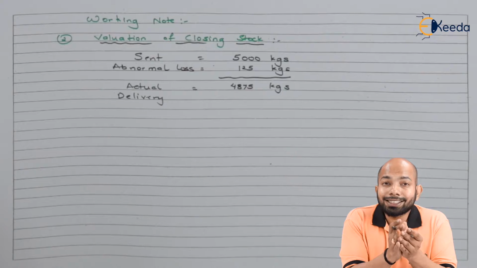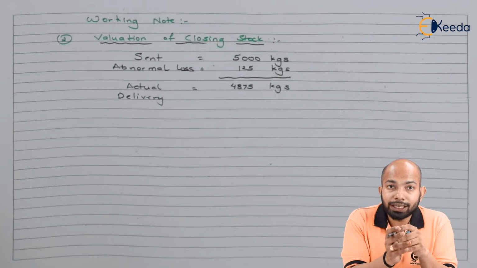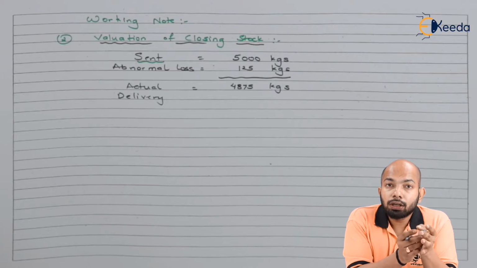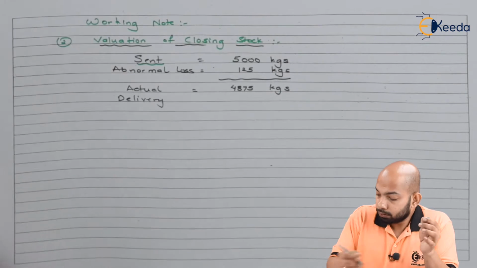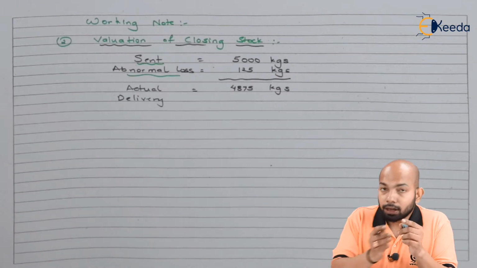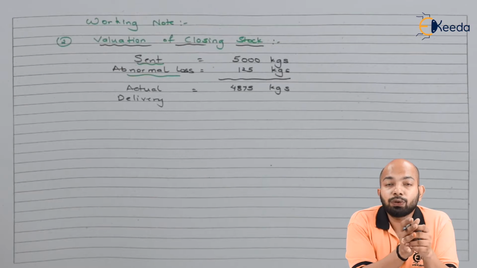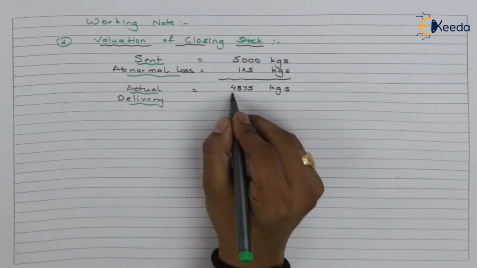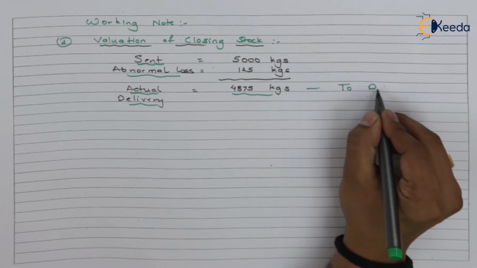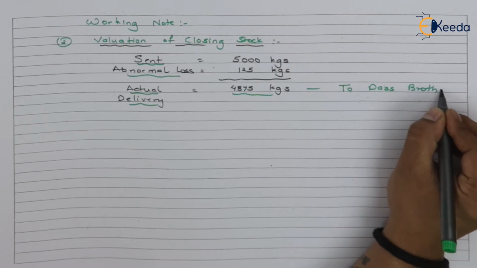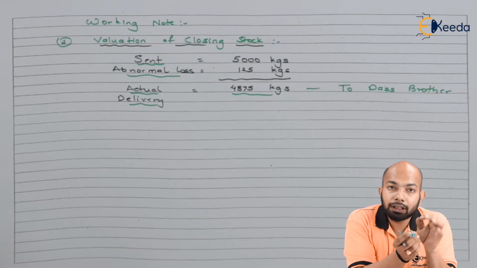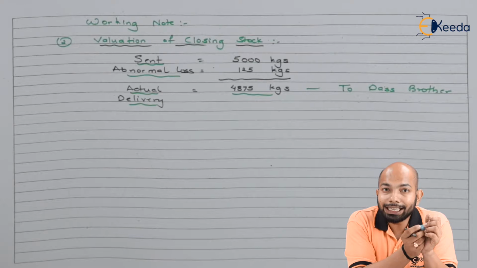Now as you can see, the sent quantity was 5000 kgs, out of which abnormal loss was 125 kilos. So the actual delivery that happened is 4875 kgs. Now, out of this 4875, another 50 kilos were lost due to leakage.